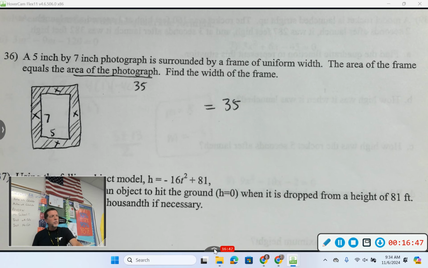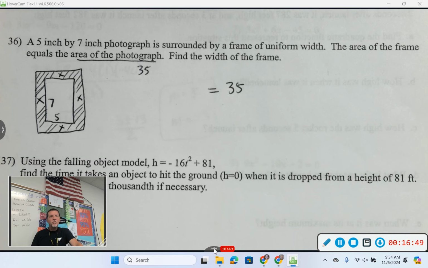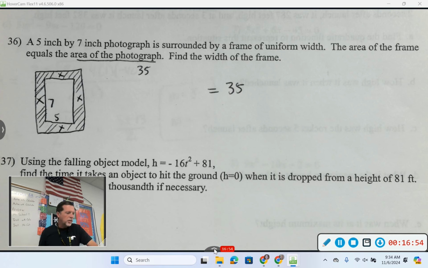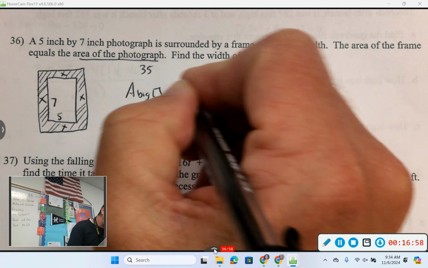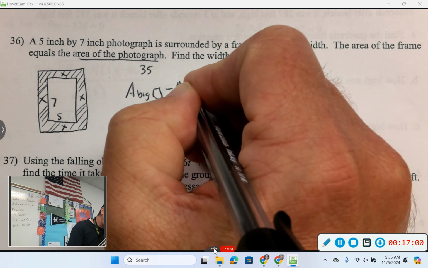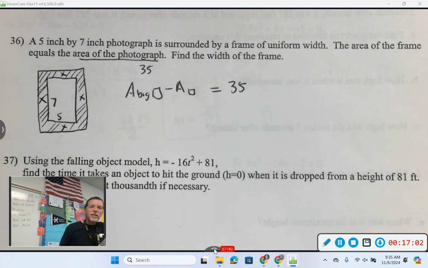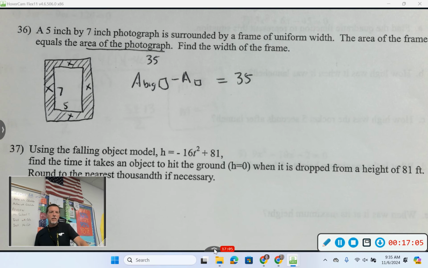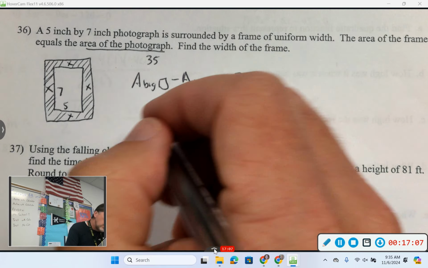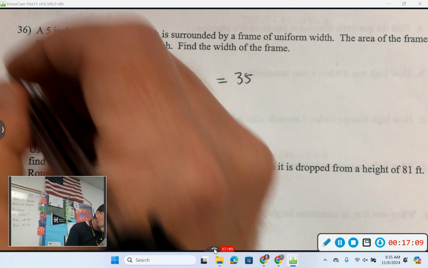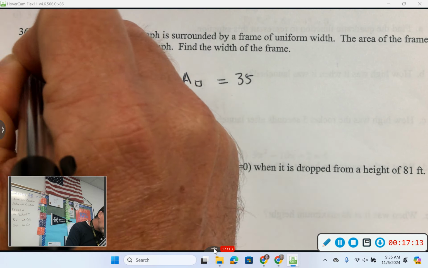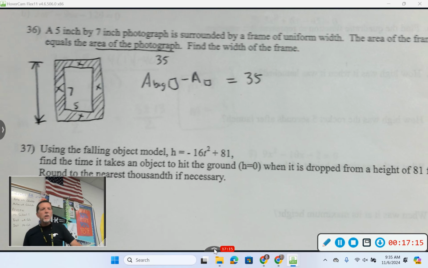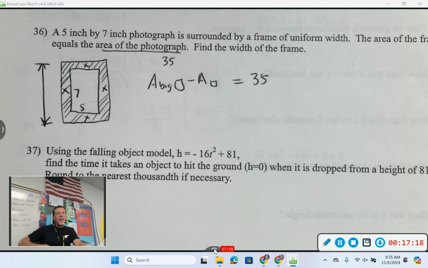It's another one of those composite shapes, fancy word for it in geometry, where you find the whole area and then subtract off the missing pieces. So area of the big rectangle minus the area of the little rectangle. So the big rectangle, the outer dimensions. Okay, that's where I need to be careful. How long is that side?